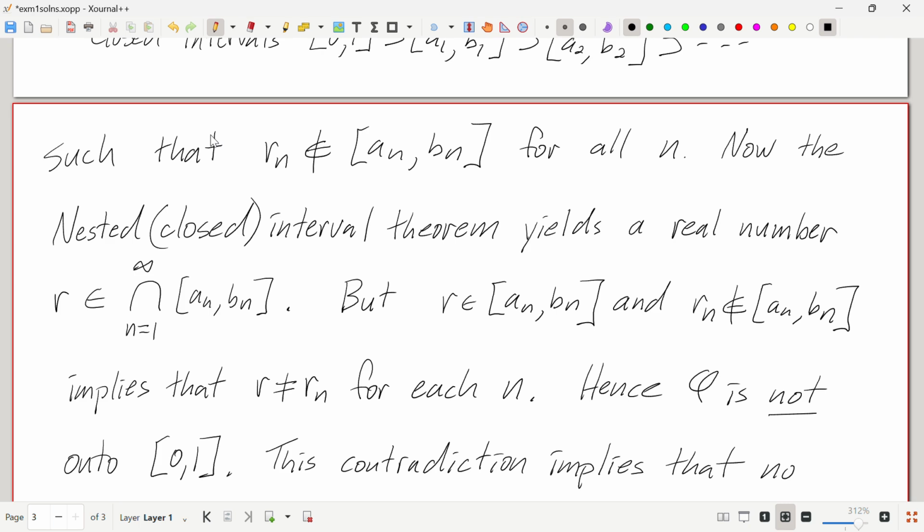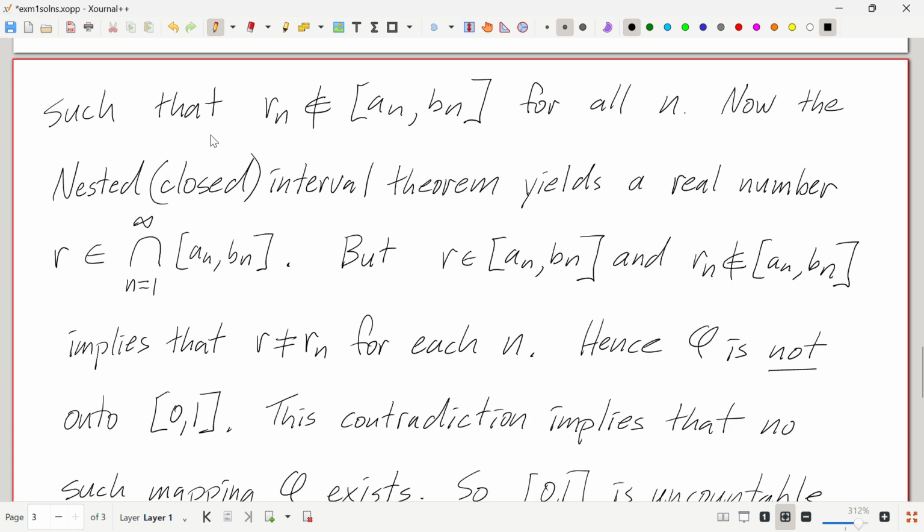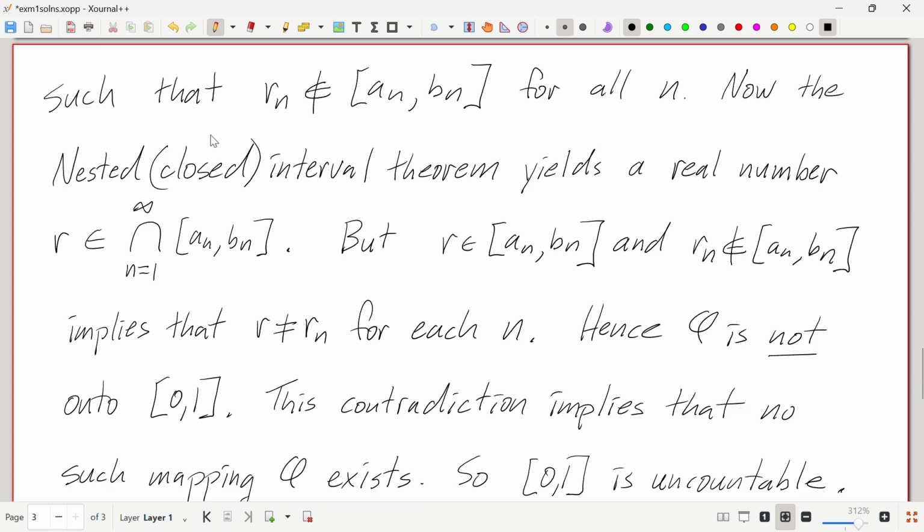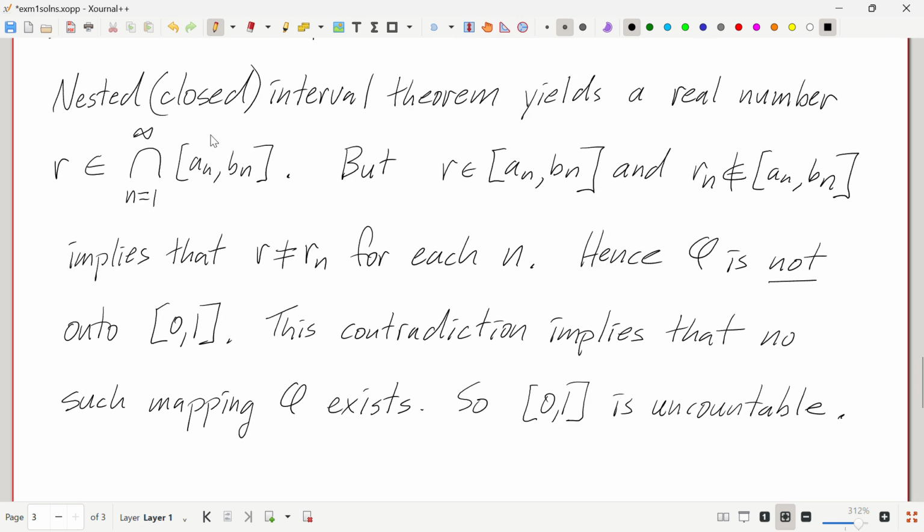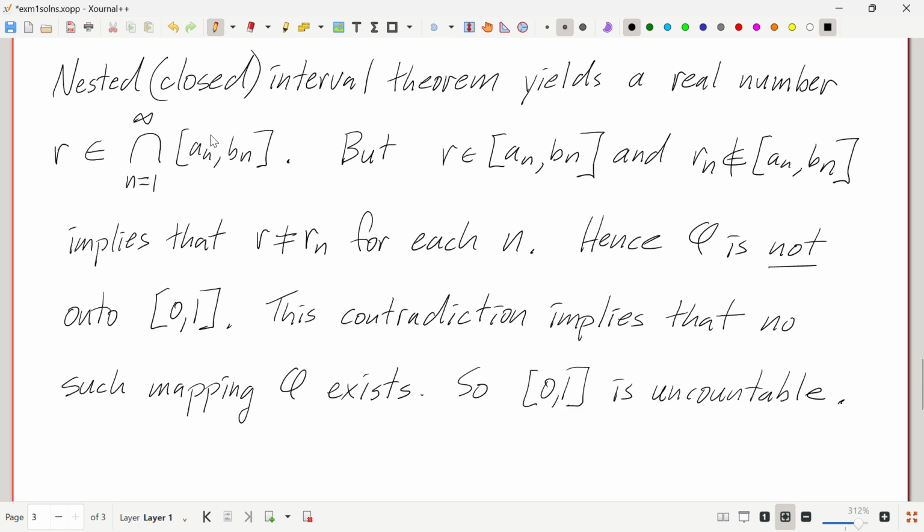Hence, that r doesn't get hit by phi, and that means that phi is not onto. So my assumption that there was such a mapping is wrong, and we conclude that the interval from 0 to 1 is uncountable. Question about that one? That's straight out of the book or out of the lecture notes.